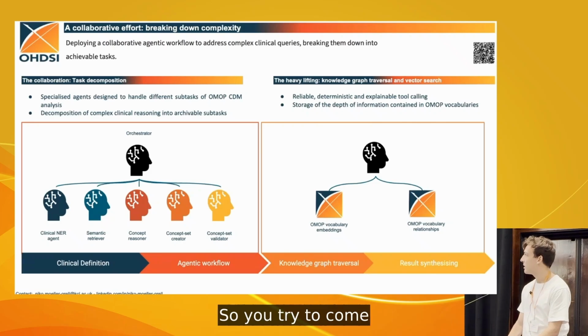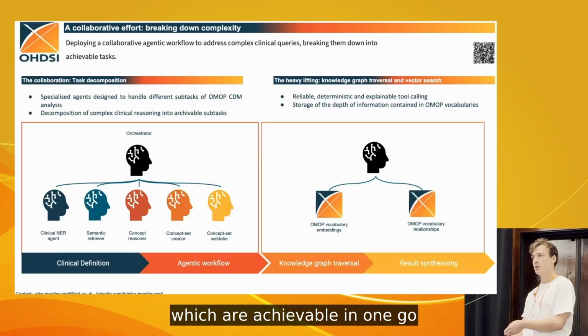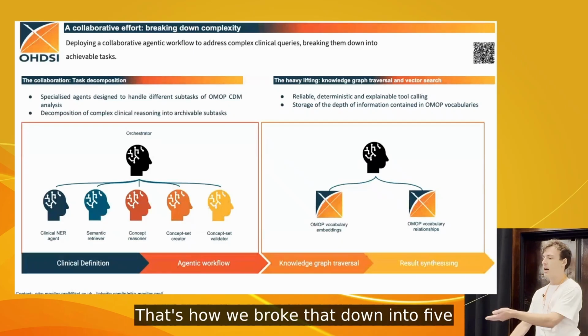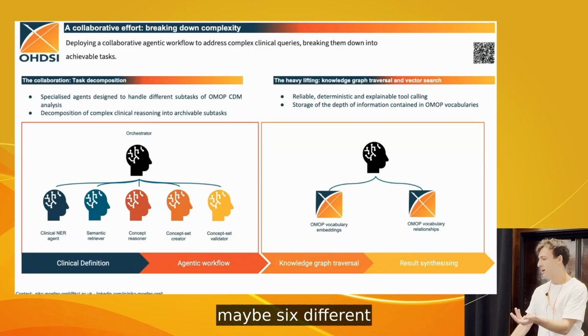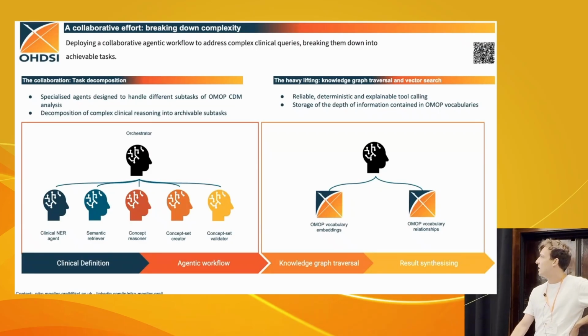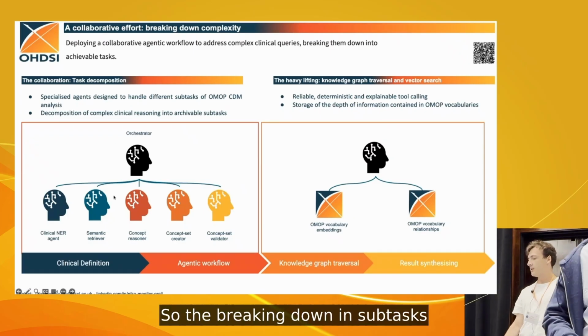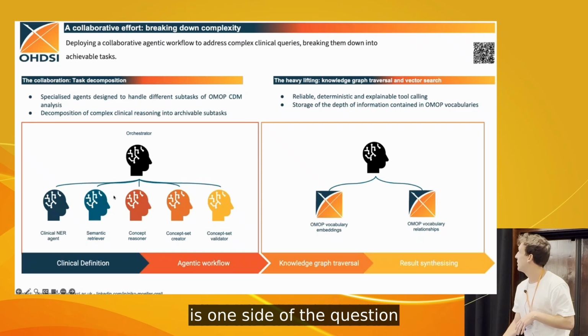So you'd try to come up with subtasks for that process which are achievable in one go. That's how we broke that down into 5, maybe 6 different subtasks which are executed one after another. So the breaking down in subtasks is one side of the question.